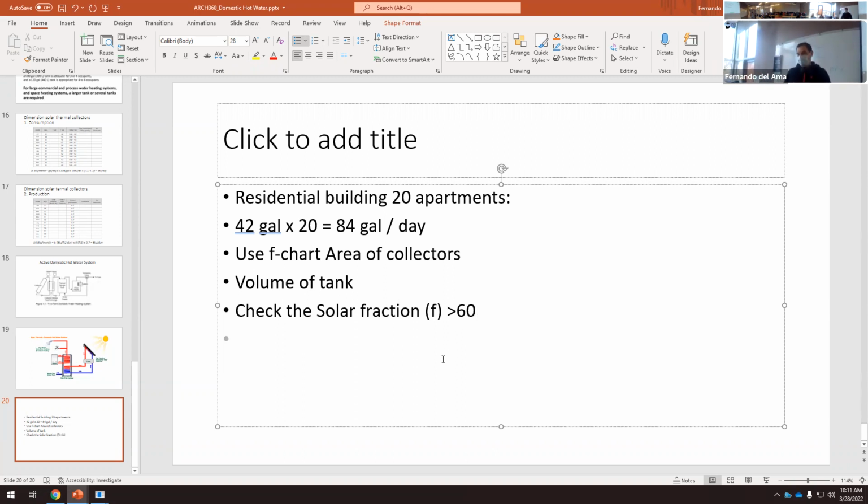If we are above 60, we have done a good job. If it's below 60, we don't have the hot water we need.